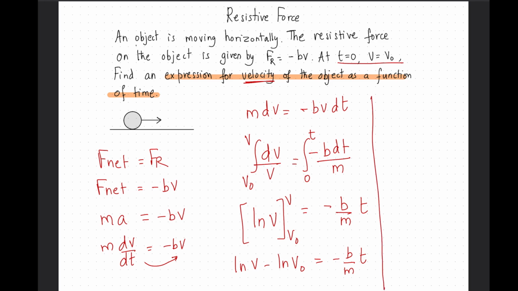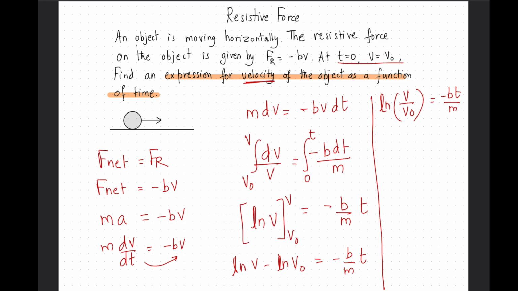Now using the rules of log or natural log, we can see that subtraction can be converted into division, and we can write this as ln v over v0. Don't confuse the L with an I, it's ln, natural log, v over v0 equal to minus bt over m.